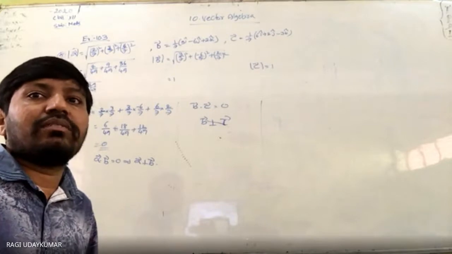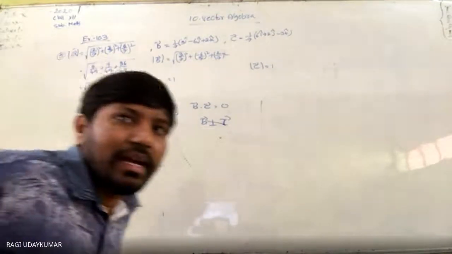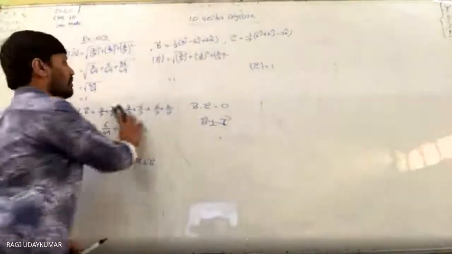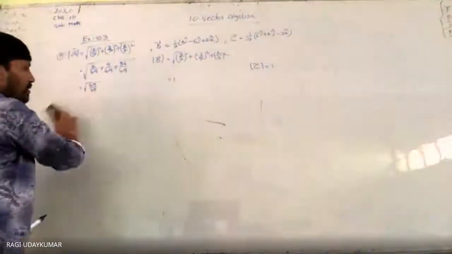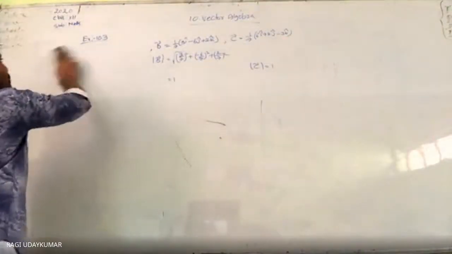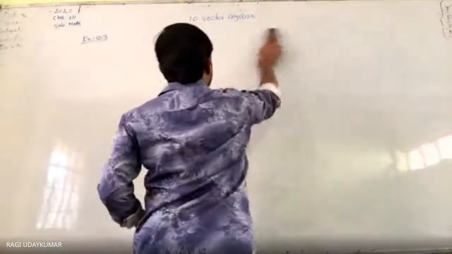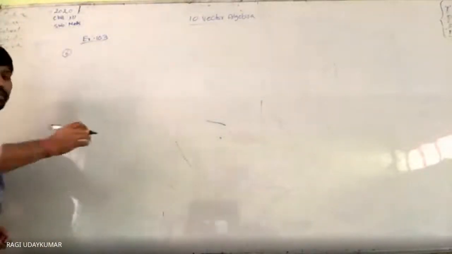Next, the sixth question. The sixth question is important here: find the magnitude of A bar and magnitude of B bar if the dot product is given to you. It is a different, important question. Question number 6.